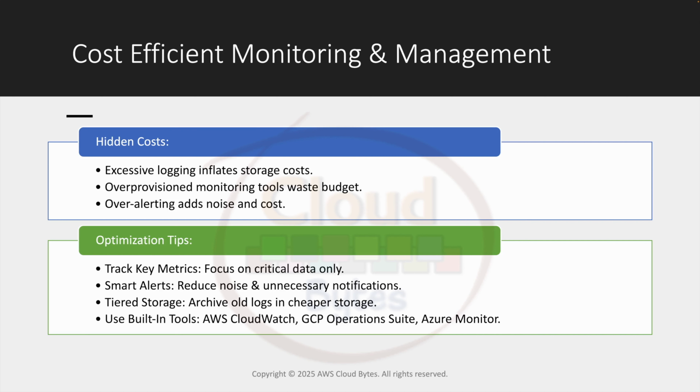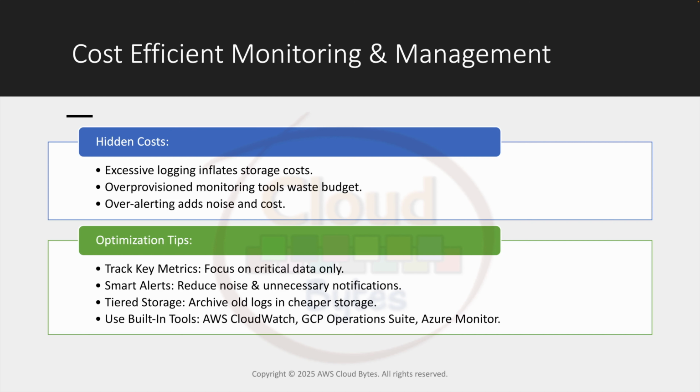You need to track only the key metrics that matter, that your business needs to run. So what makes sense to be monitored so that your business is not impacted, all those P1s and P2s, depending upon your RTOs, recovery time objective, and RPOs, recovery point objective.